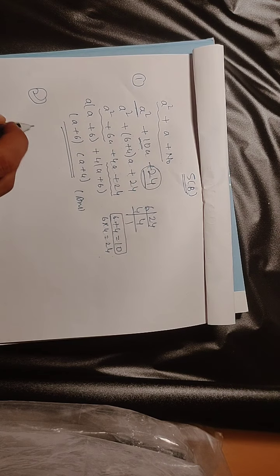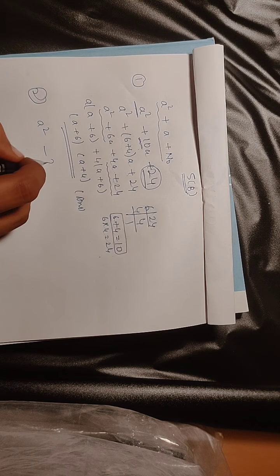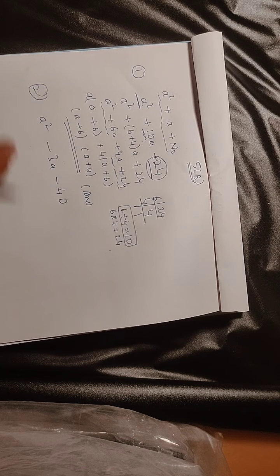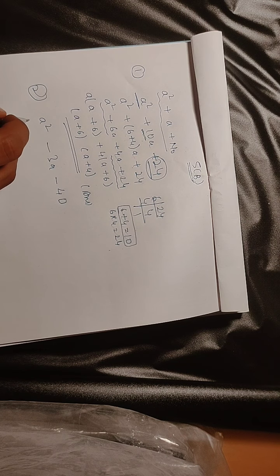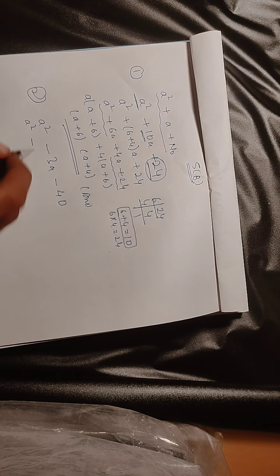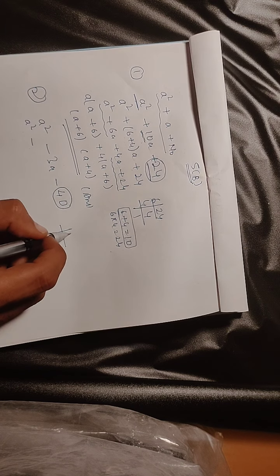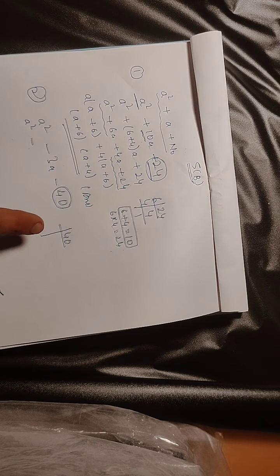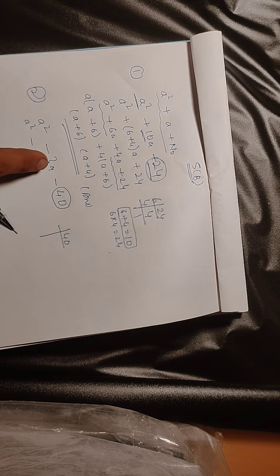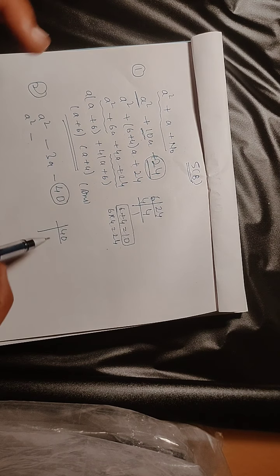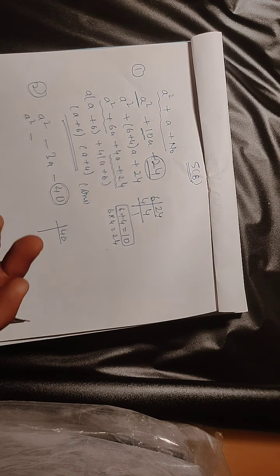And second, a square minus 3a minus 40. Okay, now again you have to take 40 as the number and find its factors, in such a way that you can get 3, whether you do plus or minus.